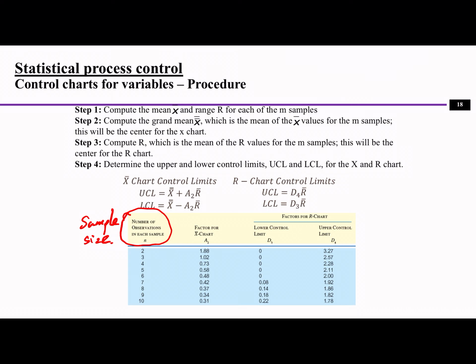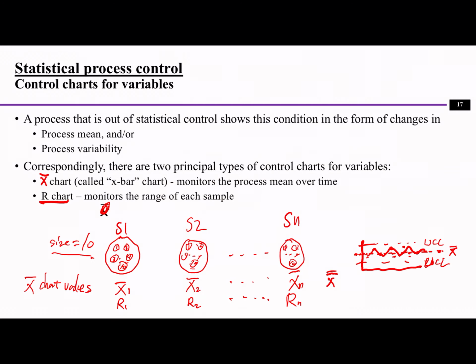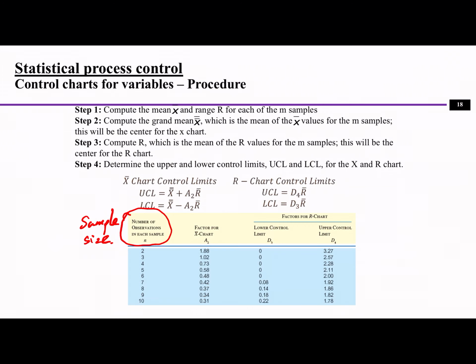But sometimes you have a smaller sample size. Do we have an example yet? We do not have an example yet. Okay, suppose we use our apple example. Then the sample size will be 10. In order to determine the upper control limit, I need to find A2 for this sample size.